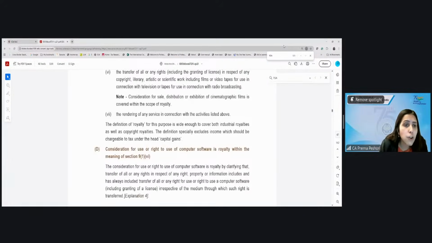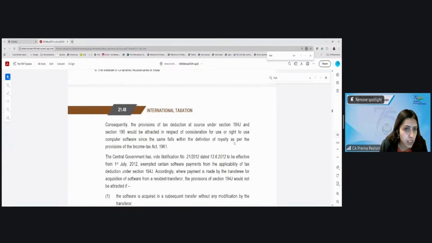Now, consideration for the use or right to use a computer software is also royalty. So when you allow the usage of the computer software, it can be any software, whether or not you get the right to modify the code of it, irrespective of how you transfer that right, this will constitute royalty.